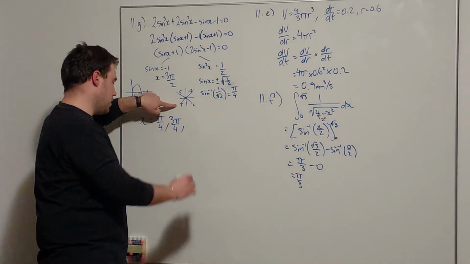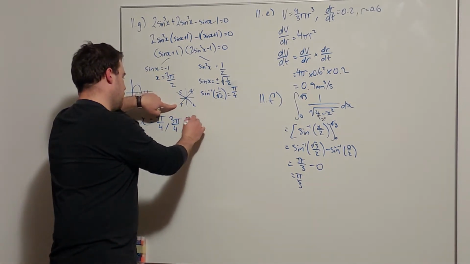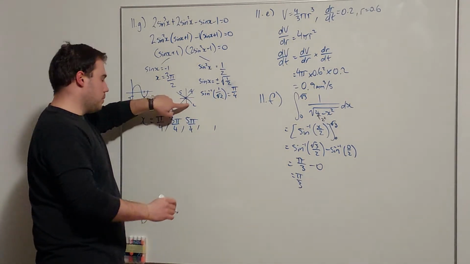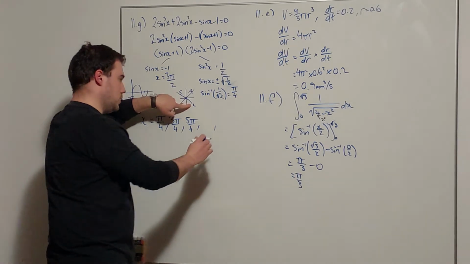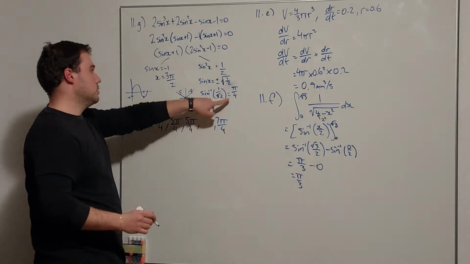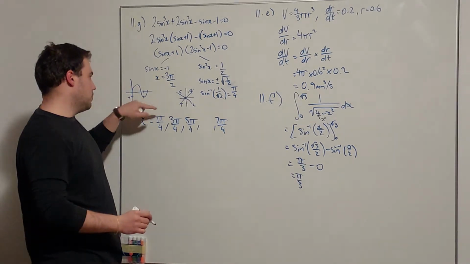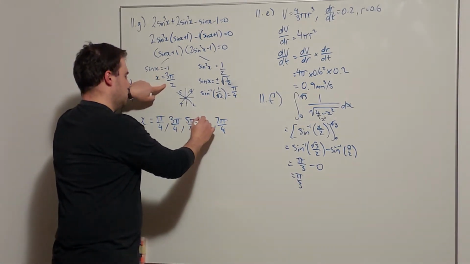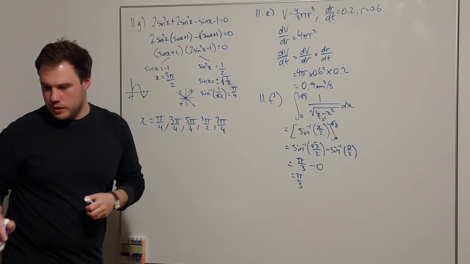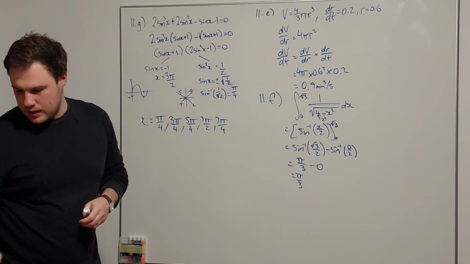Pi plus pi on 4 is going to be 5 pi on 4. And 2 pi minus pi on 4 is going to be 7 pi on 4. So there's the 4 solutions from that bit. And then we've also got our 3 pi on 2, which, to put them in numerical order, is like that.